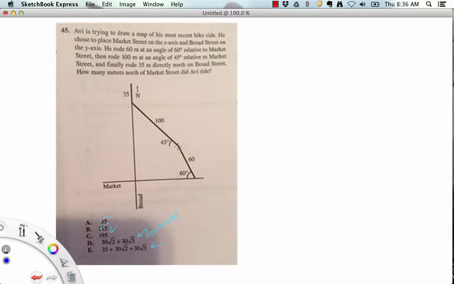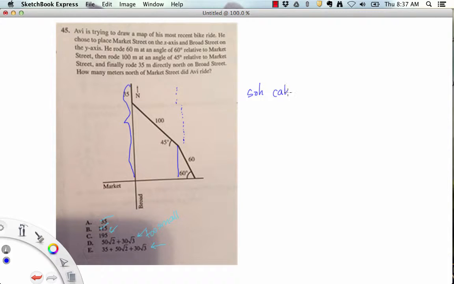All right. So to figure it out exactly, what we want to know is this distance. How many meters north of Market Street? Okay, so if we know this distance, 35, this distance, kind of the vertical, the north part of the 100 meters, and then this distance. Okay, so if this is the angle I know, the side I want to know is opposite.